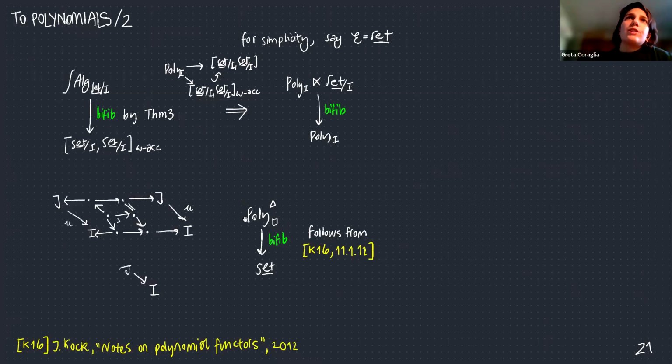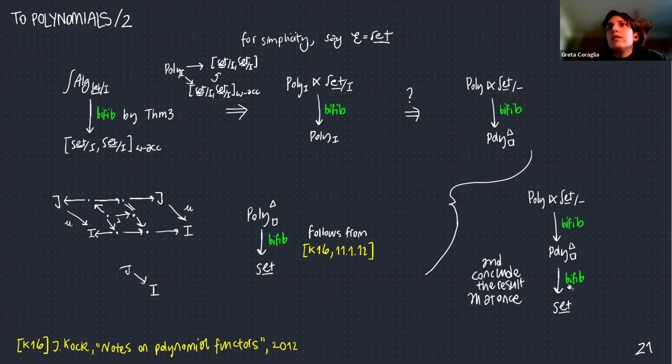He defines a particular category with certain morphisms mediated by these kinds of squares. It makes sense that polynomials are fibered over sets, because what you basically do is forget everything but the endpoints. Our hope is that we can get from this bifibration to a new bifibration that considers all I's at once, and then we can attach one to the other.